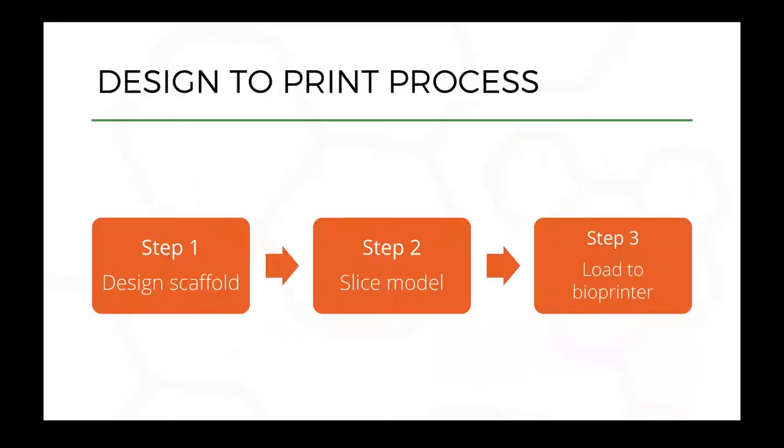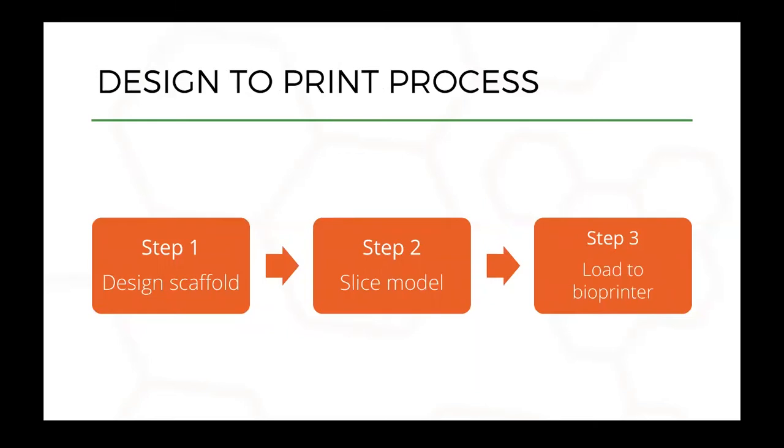So quickly, let me go through the steps in taking you from design to print. The first step is to design a scaffold, and what we'll do today is design two simple scaffolds and walk you through the different software that is used for designing them. After you design a scaffold, you would then slice the model.